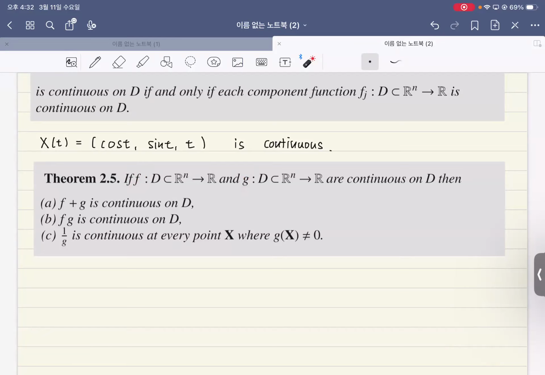So we have two real valued functions, and they have the same domains. Then in such cases, we can define new functions such as f plus g, f times g, and 1 over g. And under reasonable assumptions, they are all continuous. So I can also skip the proof of this.